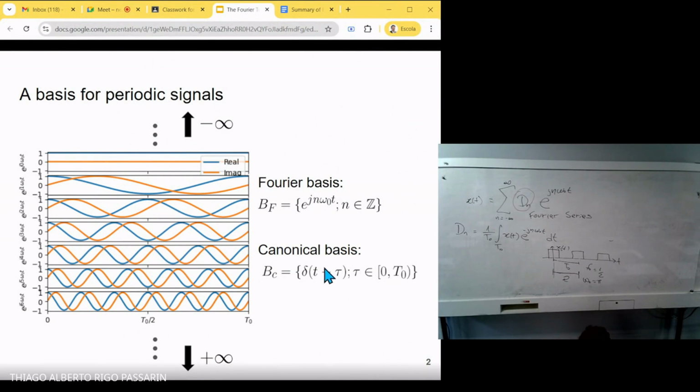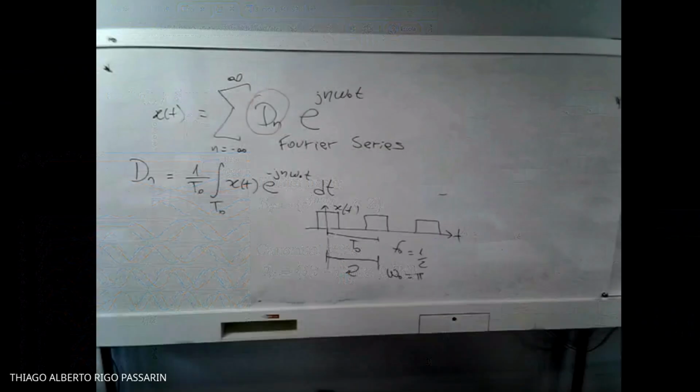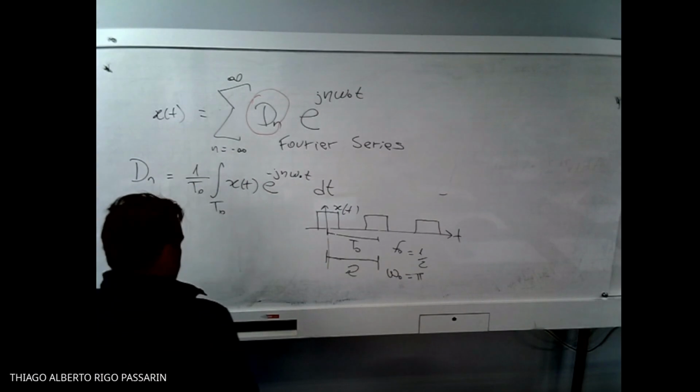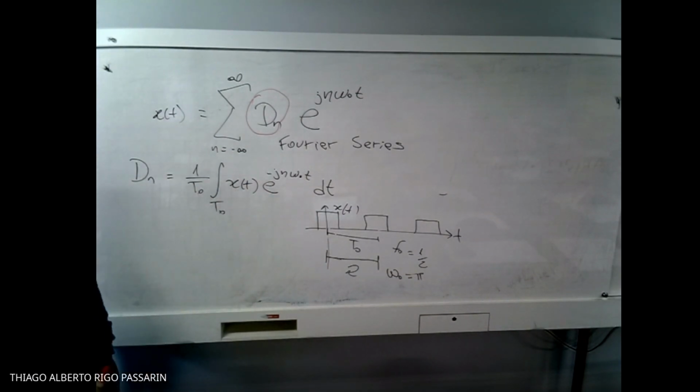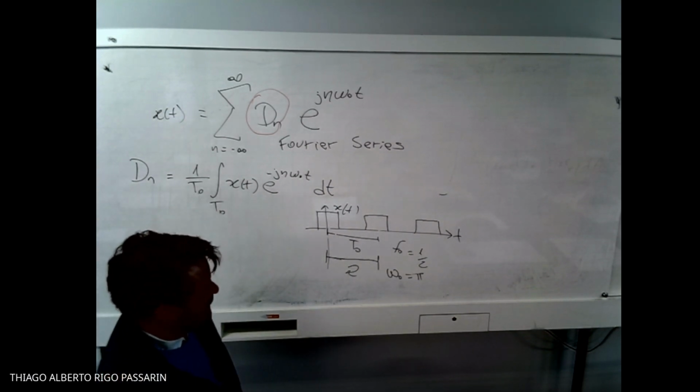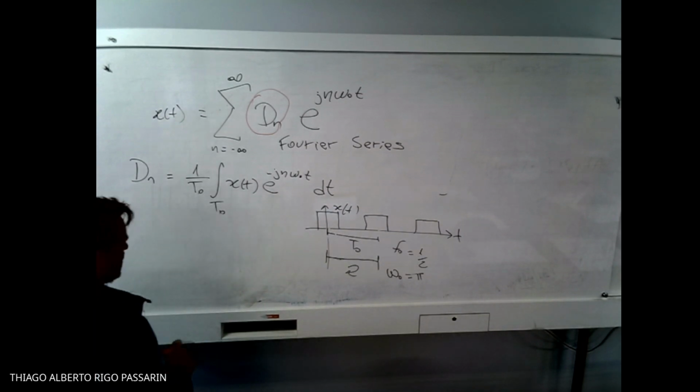Canonical basis. Is there a canonical basis for periodic continuous signals? I put this there just for the sake of curiosity.